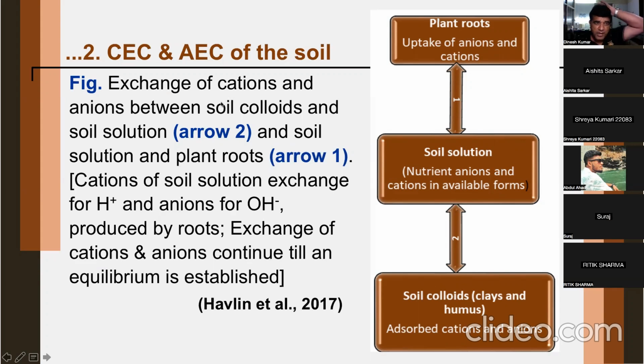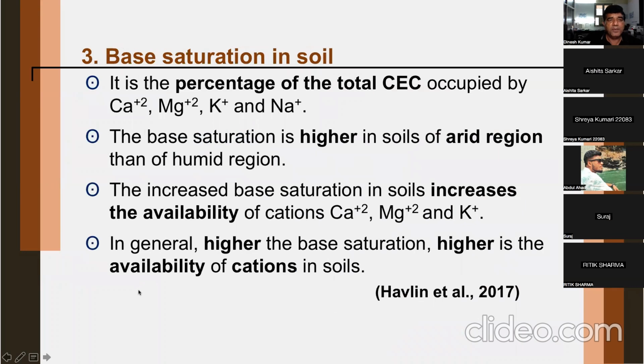So exchange of cations and anions between soil colloids, soil solution and plant roots, arrows 1 and 2. Cations of soil solution exchange for hydrogen and anions for hydroxyl produced by roots. Exchange of cations and anions continues till an equilibrium is reached. So try to understand this picture, very simple to explain.